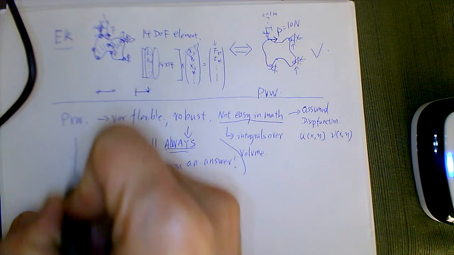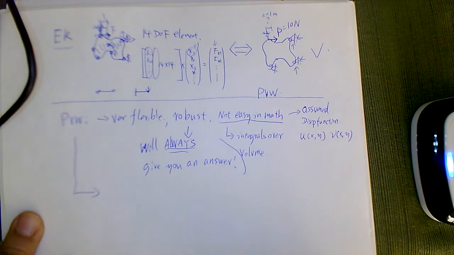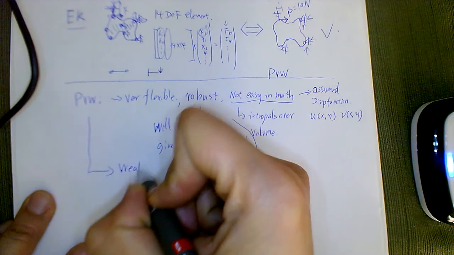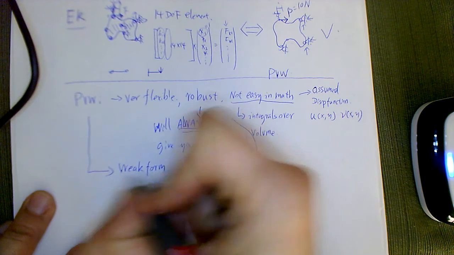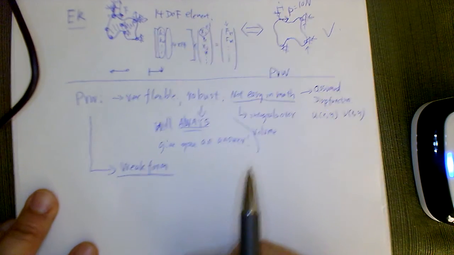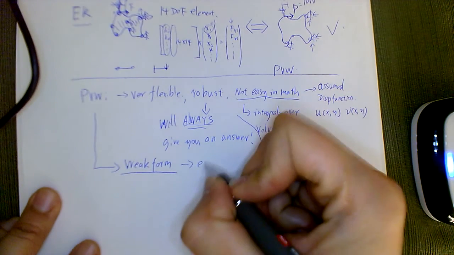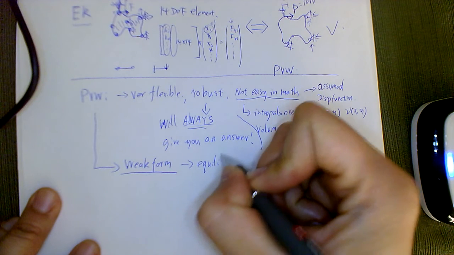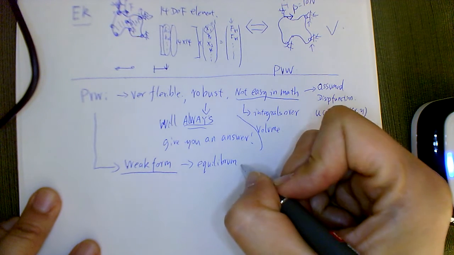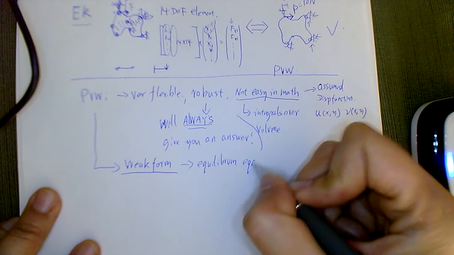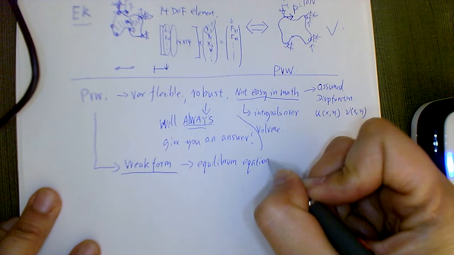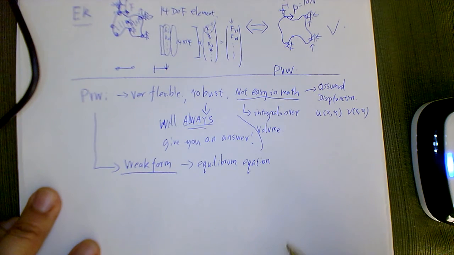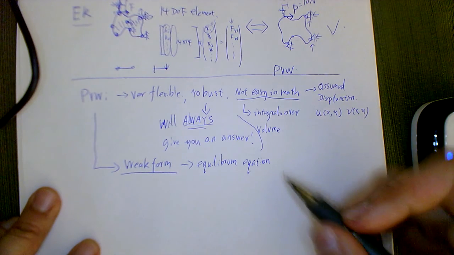If people in mechanics start talking about jargon you don't understand, they call it the weak form. What does that mean? It is the weak form of the equilibrium equation. So we're back at the beginning now.